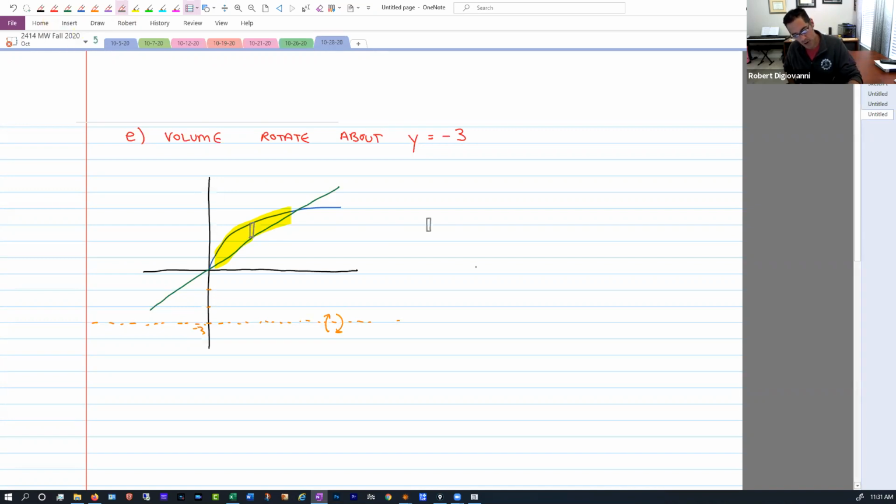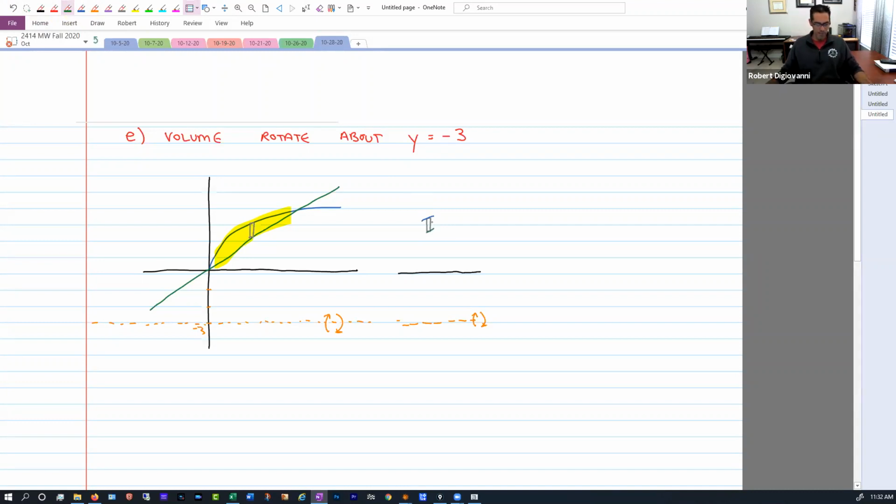I'm going to draw my x-axis. I'm going to draw my axis of rotation down here. The blue curve is on top, the green curve is on the bottom.